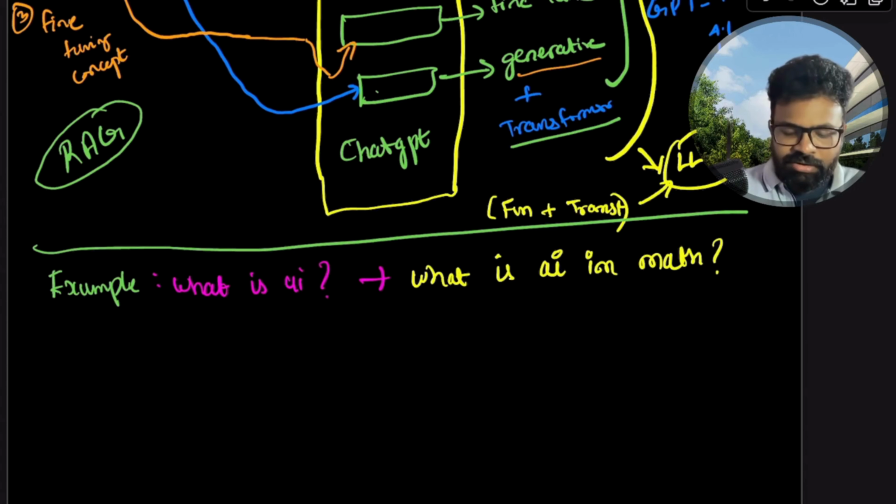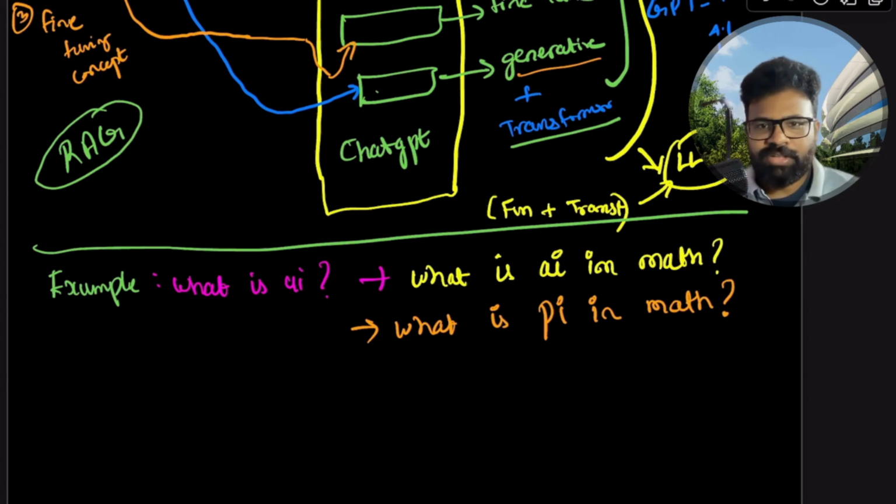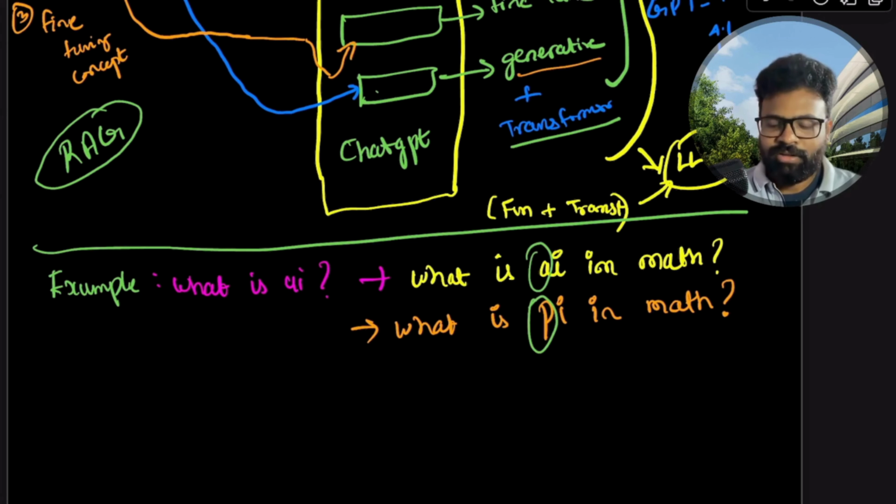Second probability, let's say what is pi in math. So there are two questions. The entire characters or words are matching except for these two variables, A and P, but the question itself totally changes. So the transformer should possess the capability to segregate among these questions.